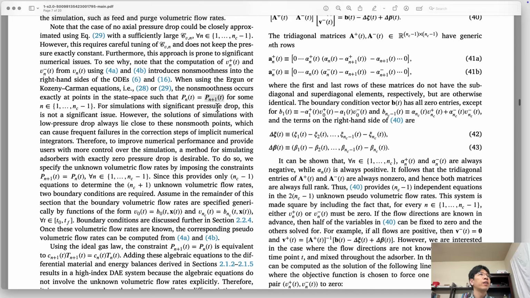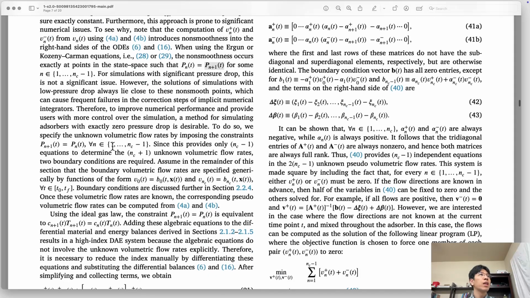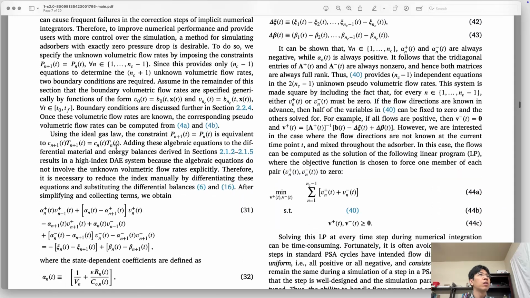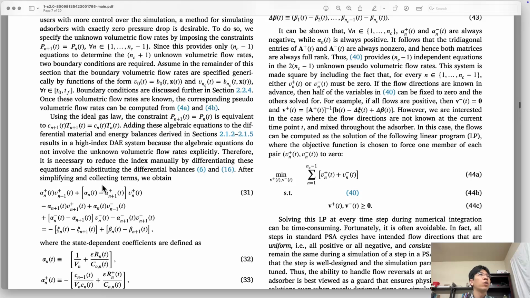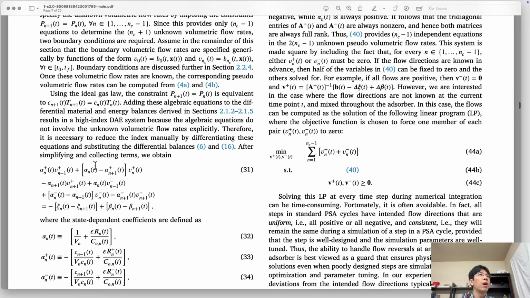We can actually derive equations based on that. Since this is an ideal gas situation, you can rewrite the pressures as the product of total concentration times temperature in each CSTR, which are equivalent to each other. So you can think about index reduction here.